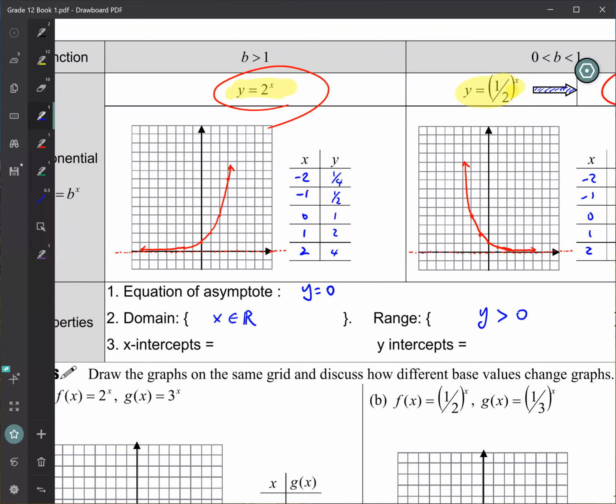No. Okay, Cindy, can you tell us what's the meaning of x-intercept? The point where it passes the x-axis.